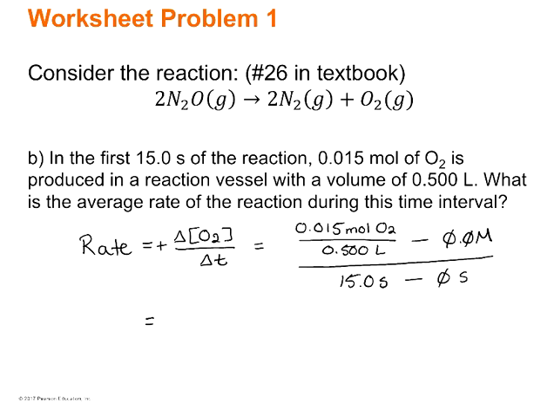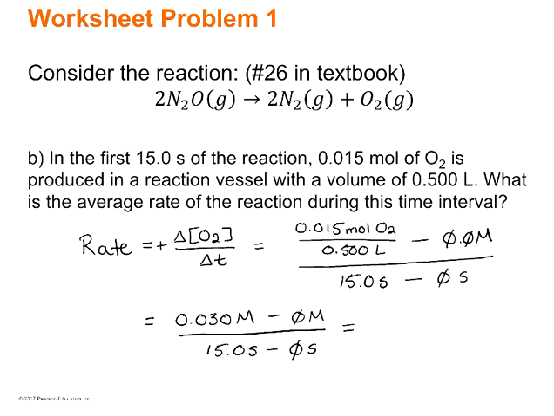All right, so the concentration of oxygen at time 2 should come out to be 0.030 moles per liter. And again, we're just subtracting the concentration at time 1, which we're assuming was 0. And on the denominator, we'll just keep that 15 seconds minus 0 seconds.